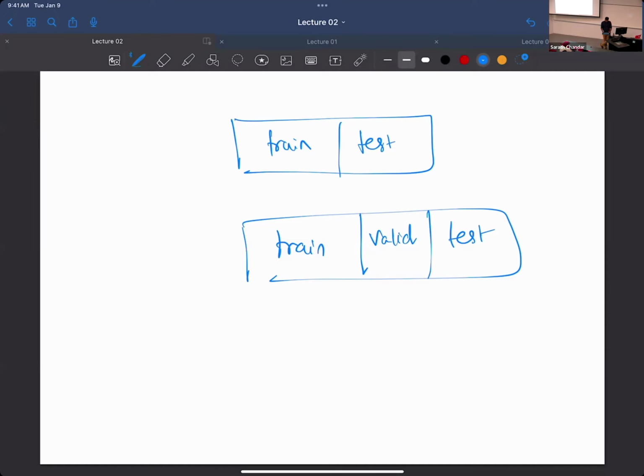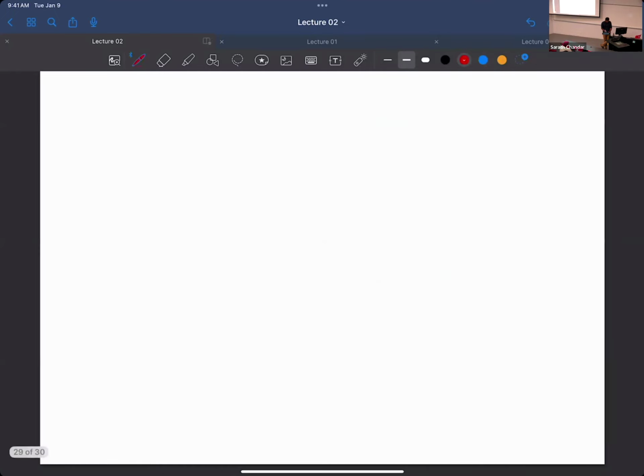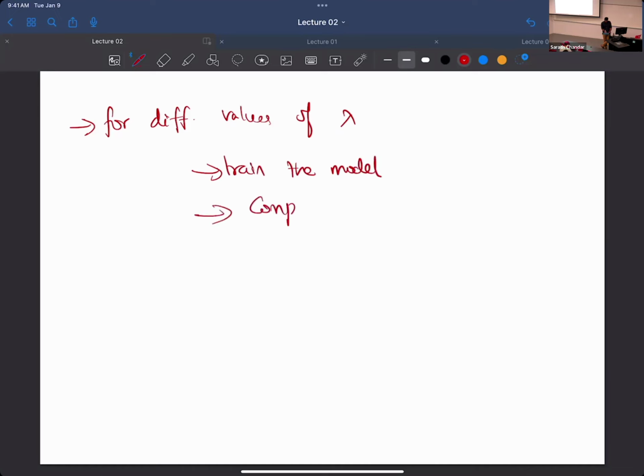So if I have to summarize this process, this is what we are going to do. For different values of lambda, I'm going to train the model and I'm going to compute the validation error. That is my first step.